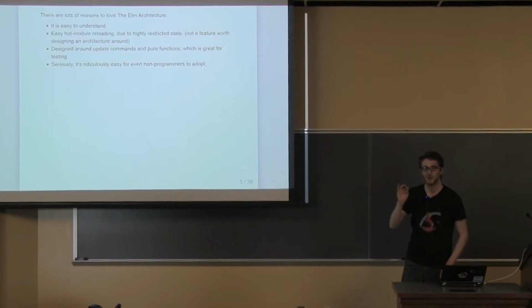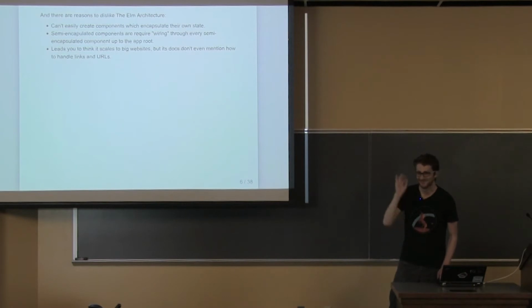I believe hot module reloading, which is a feature of bundlers like Webpack, requires you to save state and then load state again inside every module that gets updated. So if all your modules are stateless, then you can very easily hot reload that one module, which is pretty neat. Yeah, it's really easy to use, very easy.